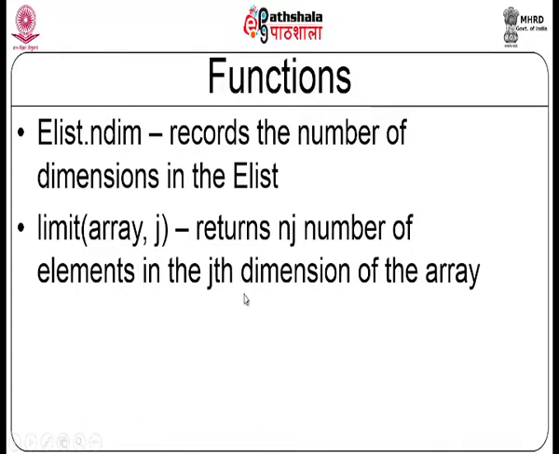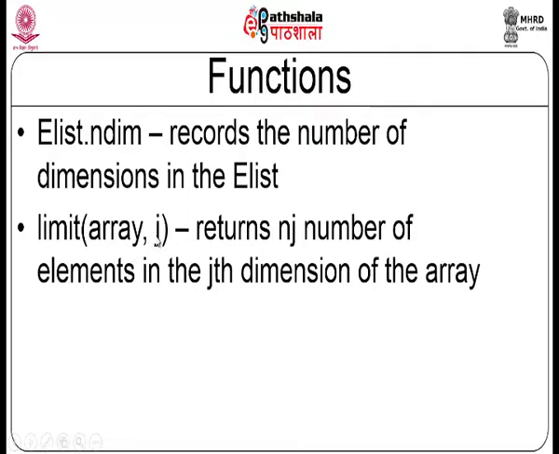Then the next function is called limit. It takes two arguments, array comma j, and it returns n_j, the number of elements in the jth dimension of the array. The array is referred to using its name, and j means, for example, the second dimension.